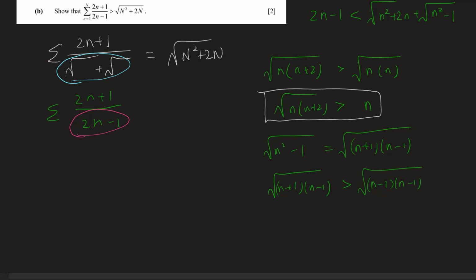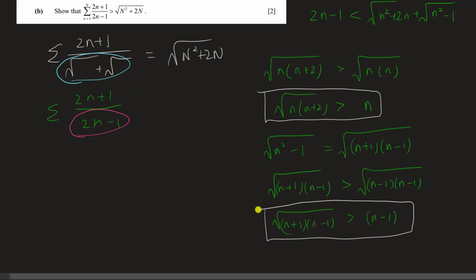Of course it is, because the expression on the left is greater than this one. So the inequality is true. We can also rewrite the item on the right as root n minus 1, whole thing squared, which will give us this. So therefore, our second ingredient is also true.